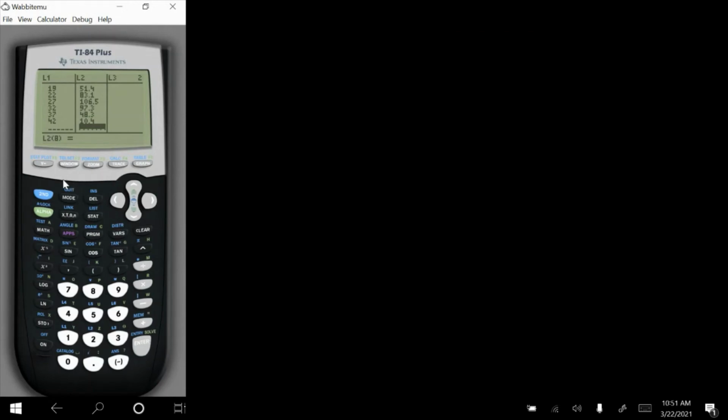Okay. Let's go to the y equals menu. And we'll get rid of all these equations from our last problem. Now, I'd like you folks to go up to where it says plot 1 and press enter. And come back down to Y1. This should be highlighted in black.